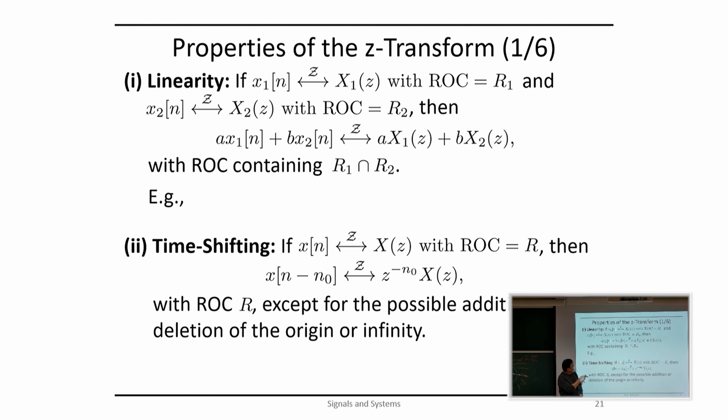But when you add them together, you know that the region of convergence should at least be the intersection of the two. But it potentially can be larger because when you add them together, it's possible that the addition cancels out some existing poles, and that will allow your ROC to be larger.